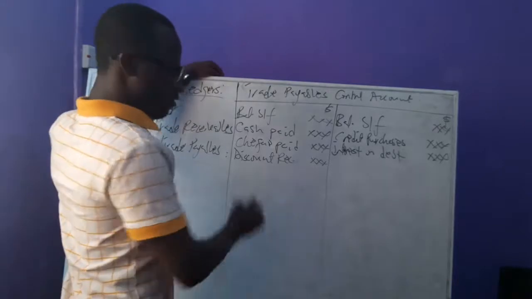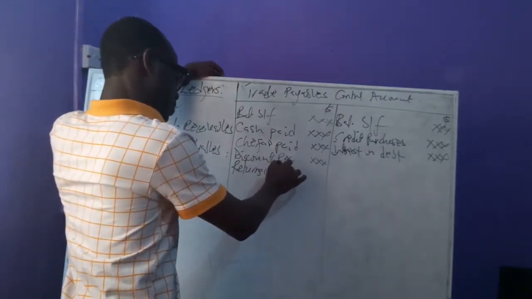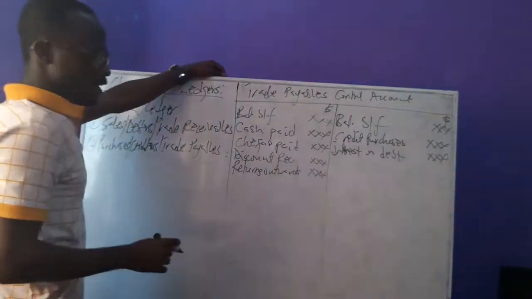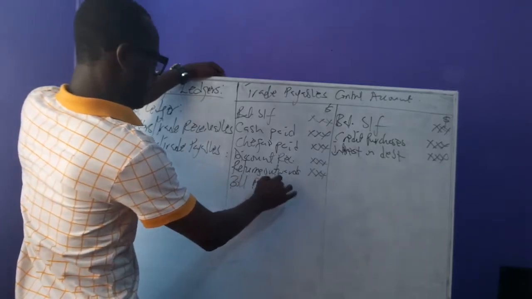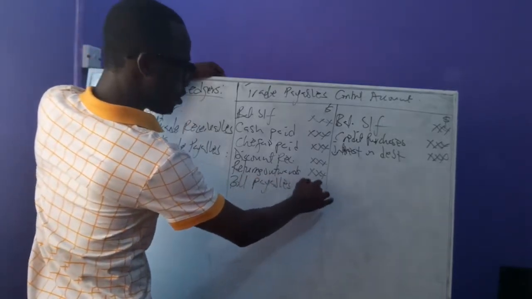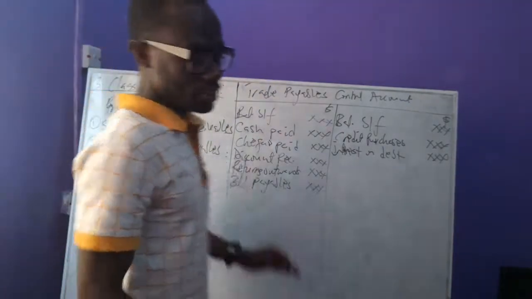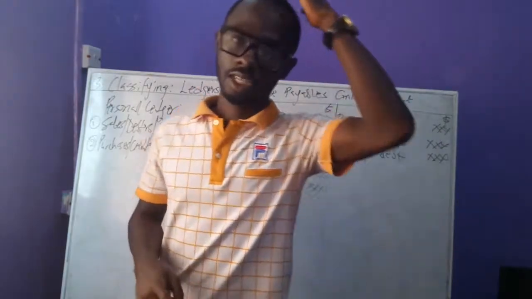Then there is returns outwards. We put it down. Then bill payable. So you realize that in debtors we wrote bill receivable. This time around we write what? Bill payable. So these are some of the things that we bring in relation to that.